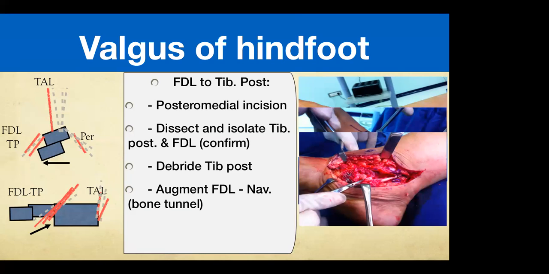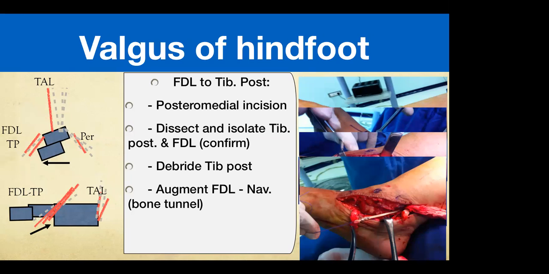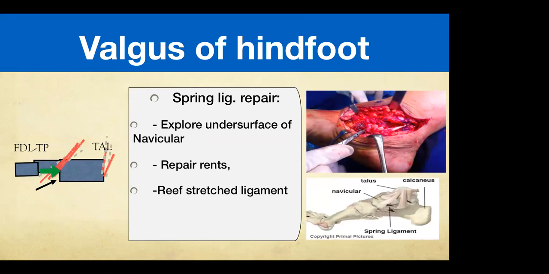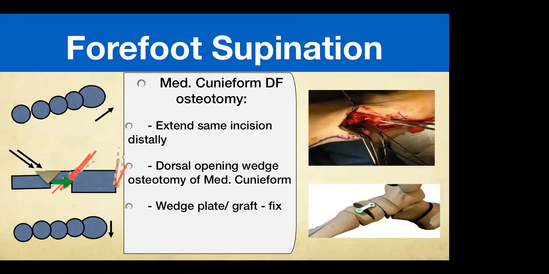Isolate the FDL, harvest it before the knot of Henry and transfer it onto the bone tunnel into the navicular. So the spring ligament comes over here below, and this is how the spring ligament is reefed or reconstructed nowadays with internal brace.